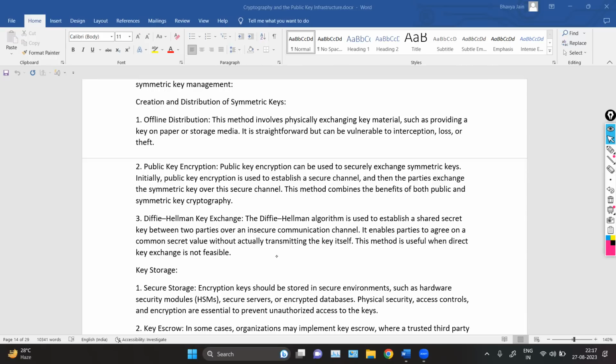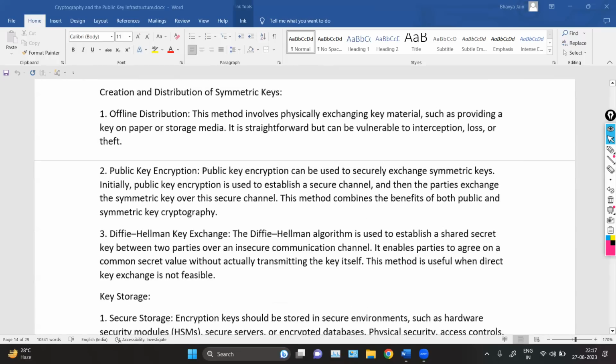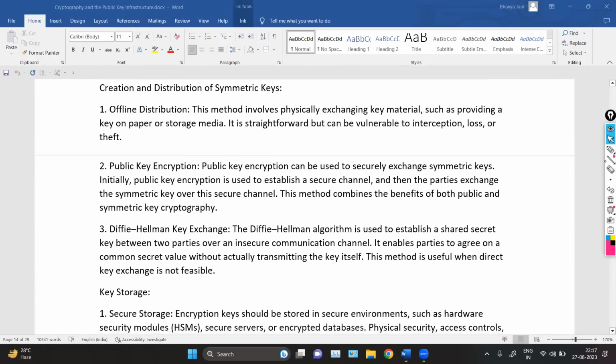User A will travel all the way to user B just to transfer the key using a pen drive, a USB, or any medium. That is offline distribution, and it is a very straightforward method. But it can also be vulnerable to interception, or loss or theft of the pen drive.